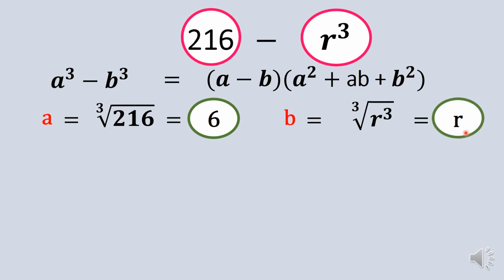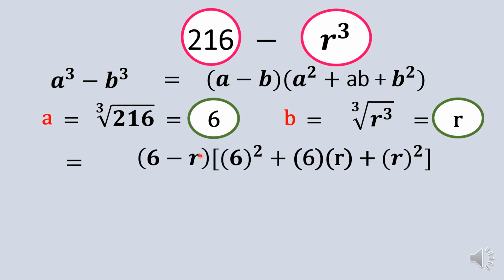Okay? So ito yung gagamitin natin pang substitute dito sa factored form natin. So kapag sinubstitute na natin yung a and b, so ito na yung magiging tsura niya. So you have now a minus b becomes now 6 minus r. And then yung nasa loob naman nito, a squared plus ab plus b squared.